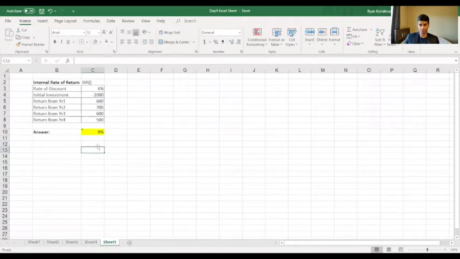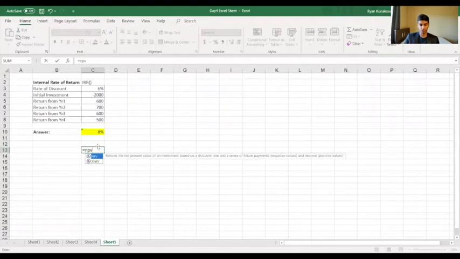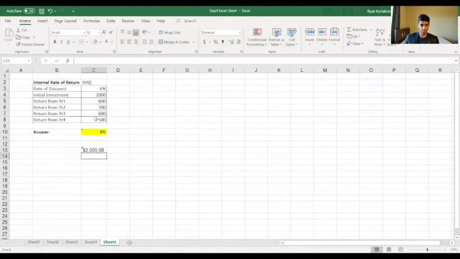And you can check this using your net present value formula, where your rate will be 8%. And then if you use your other values that you got, it should be equal to your starting sum, which is negative $2,000, and balances out. And therefore, your net present value is equal to 0.